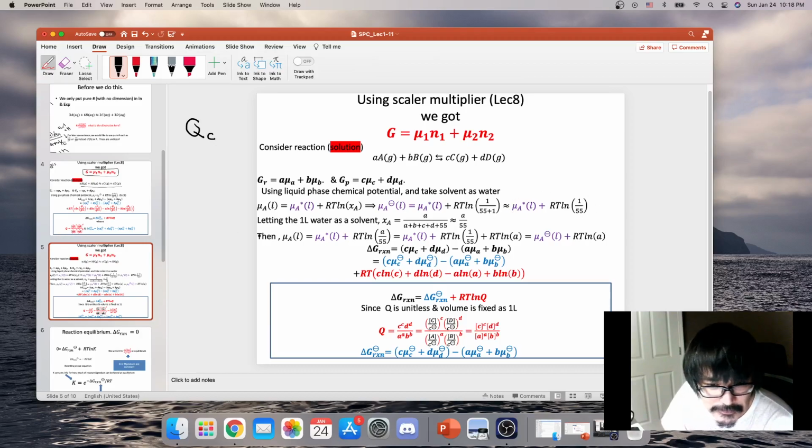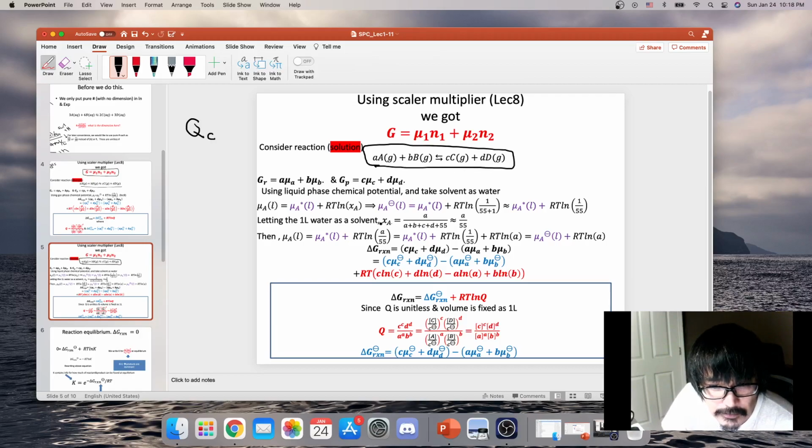Alright? And then if I compute the mole fraction of A right here, in the reaction system that looks like this, now that we're talking about this system, it has a whole bunch of stuff in there, right?